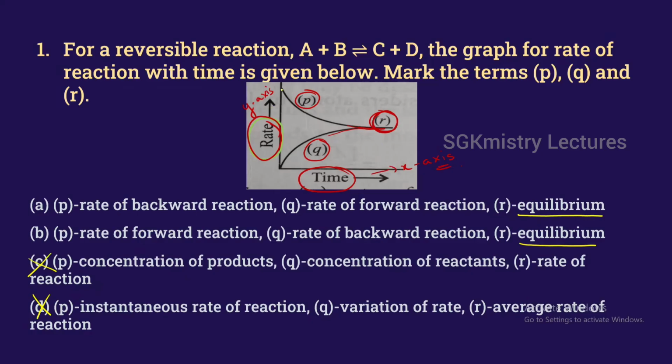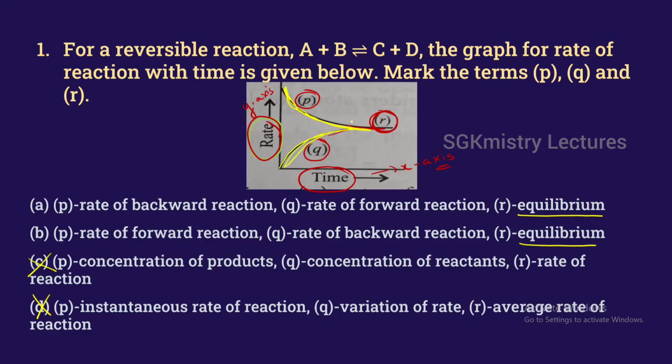Now you see here in the graph, let us look at P. You can see that the rate along with the time goes on decreasing, right? First it was more, then it goes on decreasing. Whereas for Q, first it was 0, then it goes on increasing.